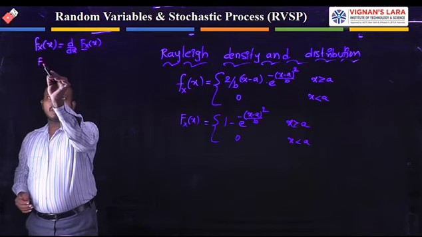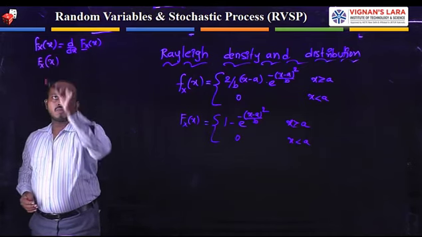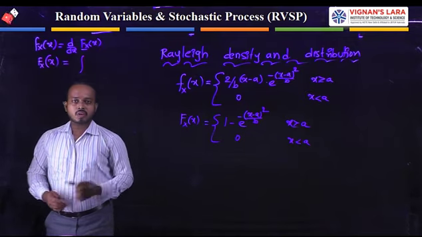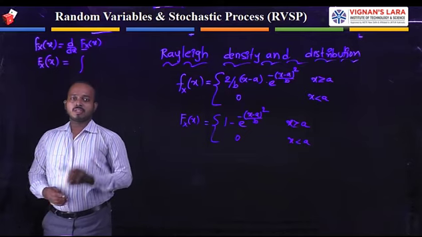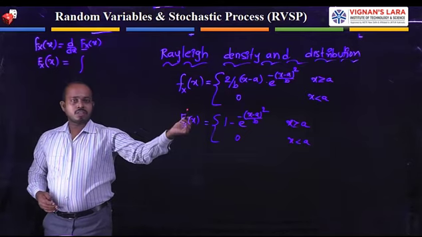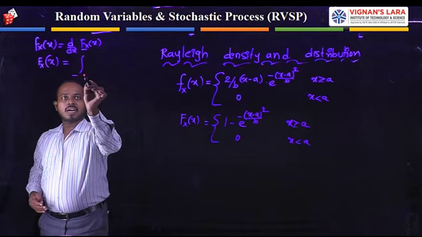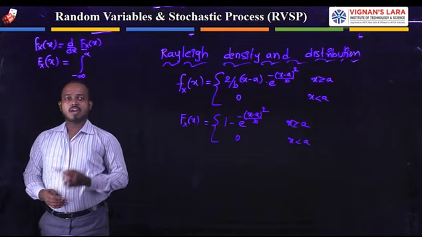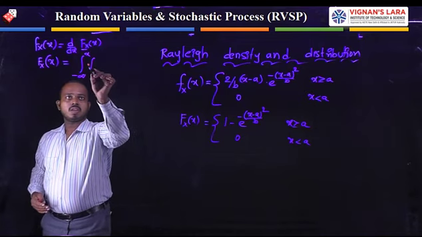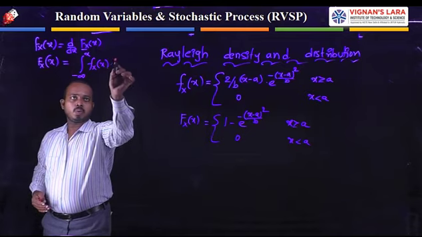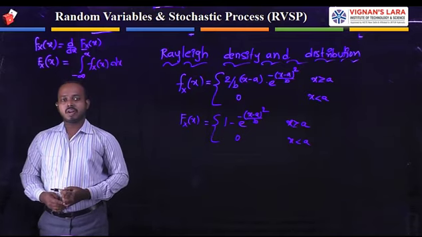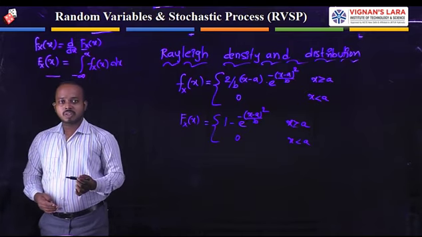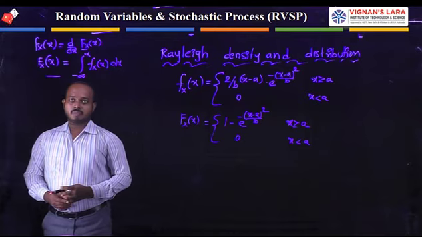Generally the limits are minus infinity to plus infinity, but here I write minus infinity to x, the higher limit. The function is f x of x into dx. By using this relation we obtain the distribution function from the density function.